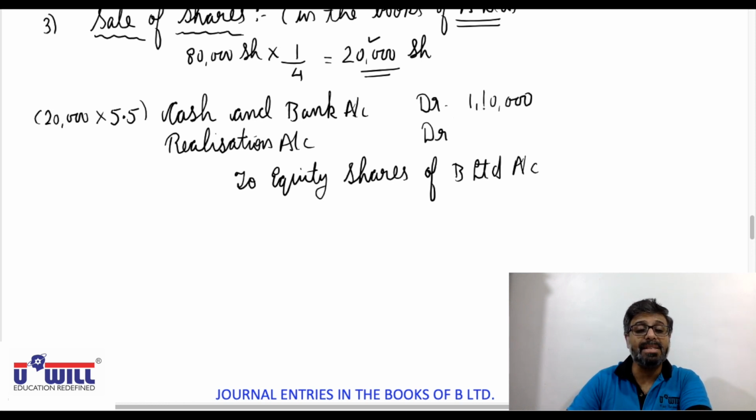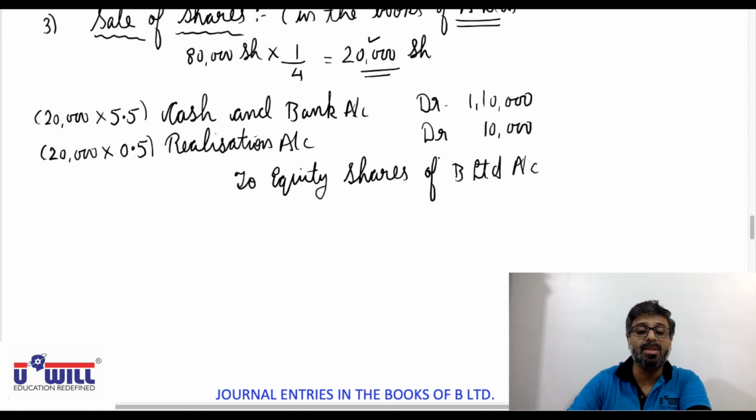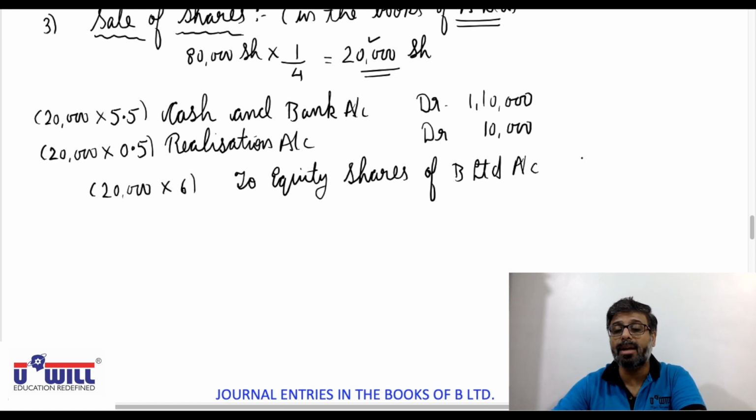Now 50 paise is our loss, so realization account is debited with the loss of 20,000 into 0.5, which is 10,000. Equity shares at 6 rupees go out, so 20,000 into 6 is 1,20,000.